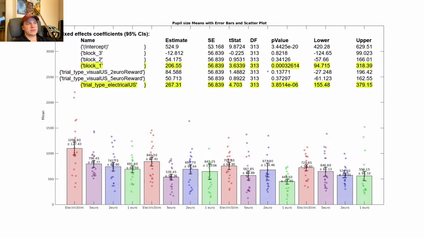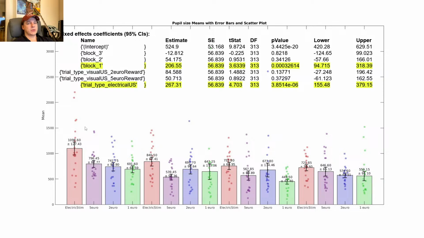The random effect is still the subjects. So this is the same mixed model. What can we see here? In general, the values in the first block are statistically higher, and the electrical stimulation is also higher than 2, 5, and 1 euro.